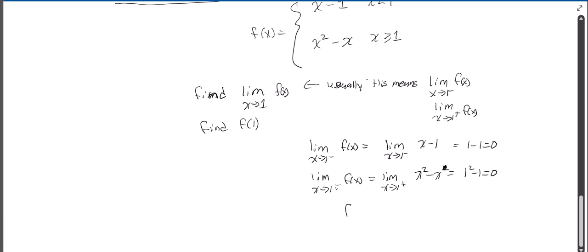And f(1) is, I'll plug into the bottom one because that's where x is less than or equal to 1. 1² − 1 equals 0. So the limit as x approaches 1 of f(x) equals 0, which also equals f(1). So therefore it's continuous.